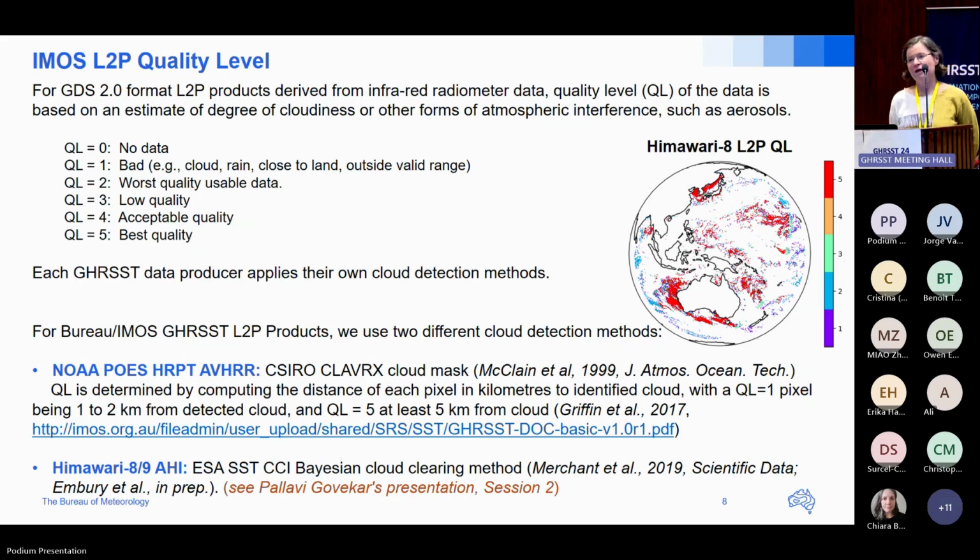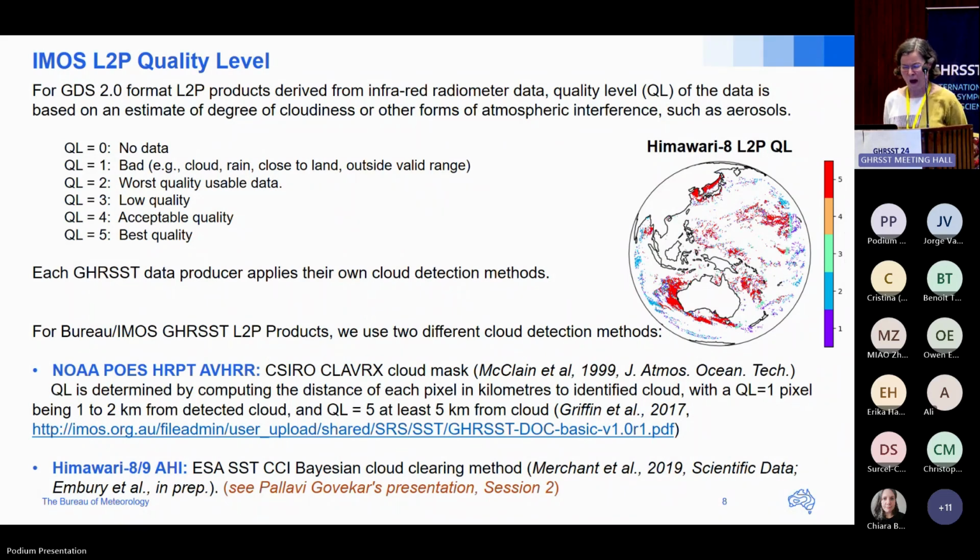We started off back in the 1990s, I think, with the CSIRO CleverX Cloud Mask method, and that's based on a threshold method. It's been around a long time, let's say, where the quality level is determined by computing the distance of each pixel in kilometres to identified cloud.